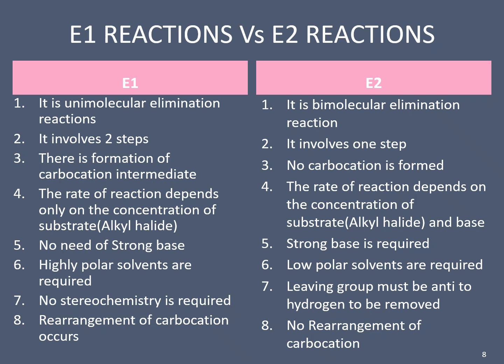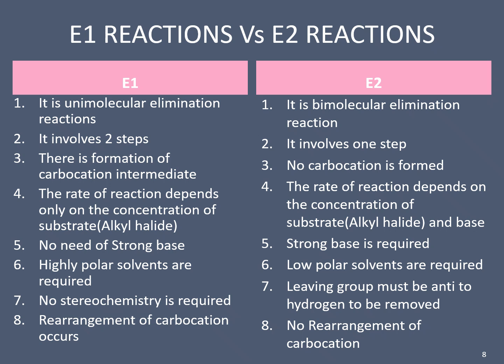In E1 elimination reaction, there is a formation of carbocation intermediate, but in E2 elimination reaction, it is a single step process and there is no possibility for carbocation formation. E1 elimination reactions depend only on the concentration of the substrate, and that's why we call these E1 reactions first order kinetics reactions.